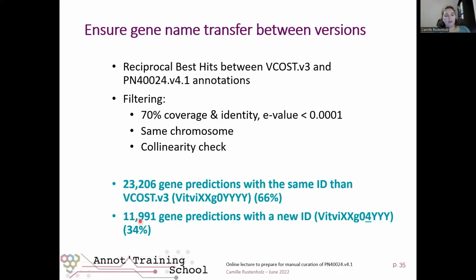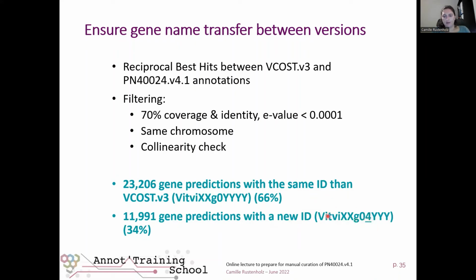However, there are about 12,000 gene predictions for which we had to give a new name, so about 34% of the gene predictions. To distinguish between these genes with new names and the ones that kept the old names, we decided to name the genes with new names starting with 4 here.